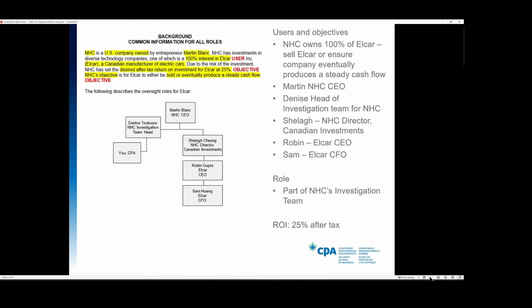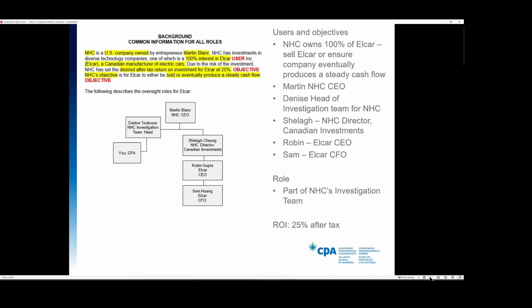So let's go and start looking at the background information. This is something every role needs to go through. So there's several users, and the biggest thing when it comes to the objective is that NHC owns 100% of Elgar.